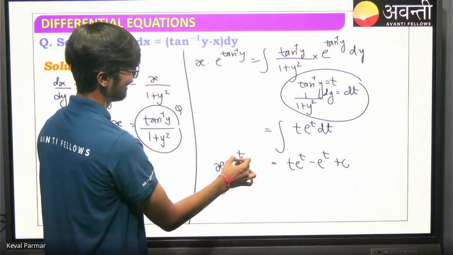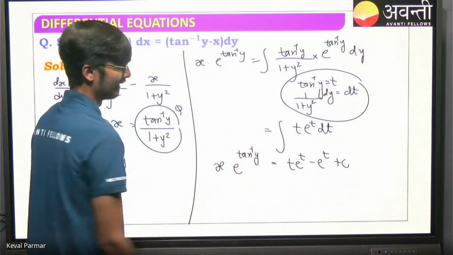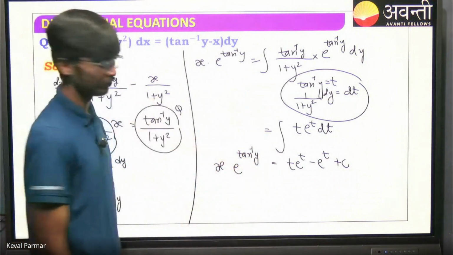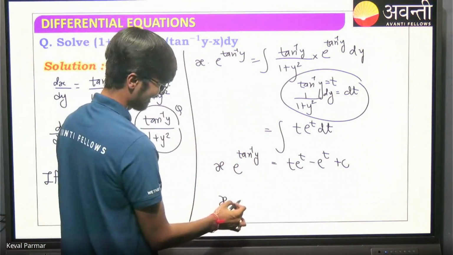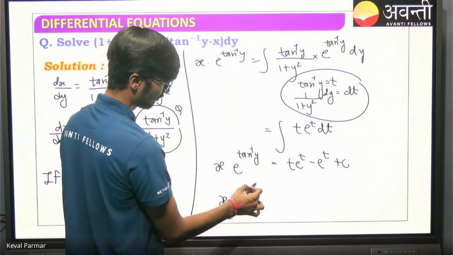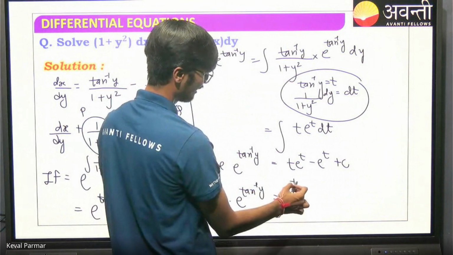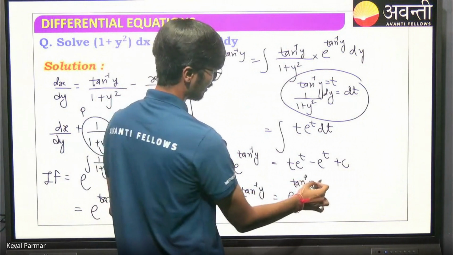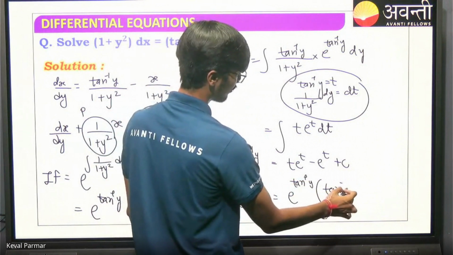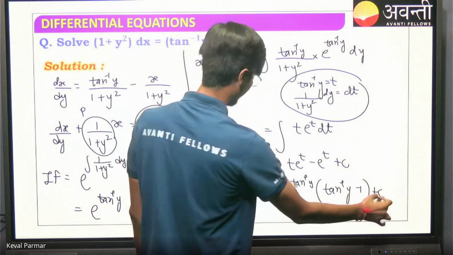We just need to resubstitute t. T was tan inverse of y. So my final answer will be x into e raised to tan inverse of y is equal to, we can take e raised to t common, into tan inverse of y minus 1, plus c.